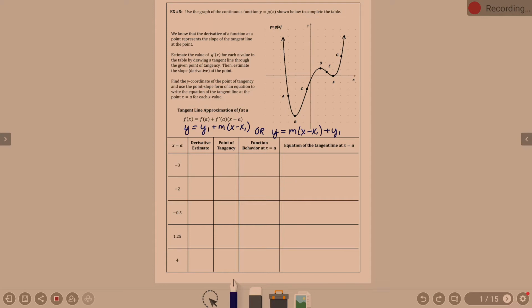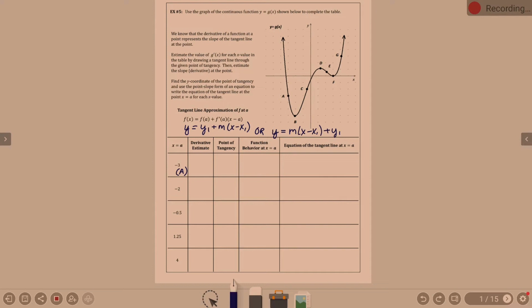But when x equals -3, which point are we talking about here? That's going to be point A, if you will. Derivative estimate. Well, derivative estimate means we need to attempt a tangent line. I say attempt because, you know, so much easier on paper.